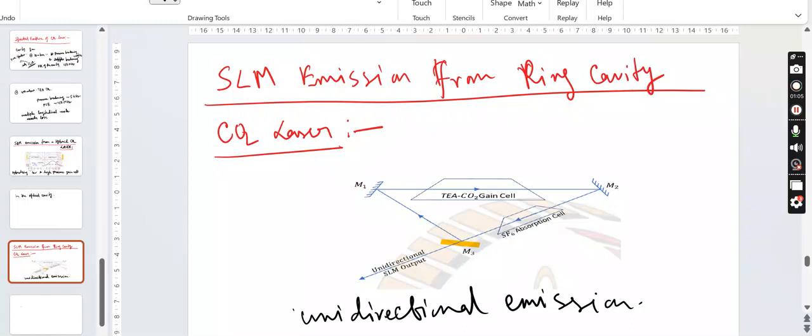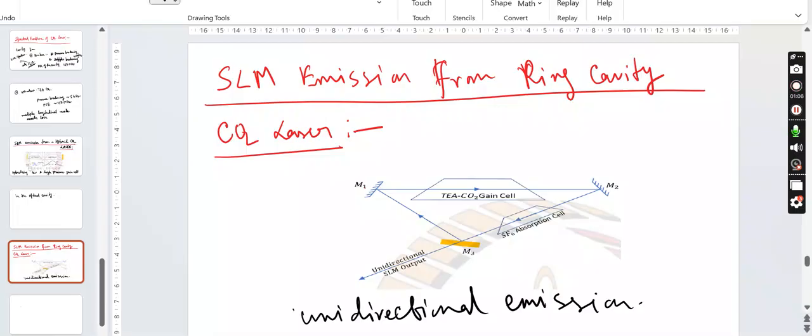So a homogeneously broadened laser would always lase in only one mode, possessing the highest gain, in the unidirectional ring cavity laser.